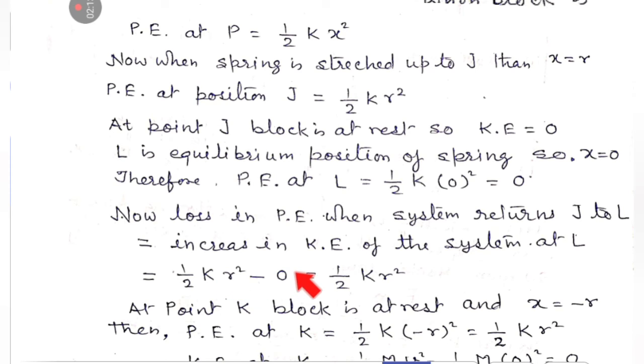The loss in potential energy is equal to the increase in kinetic energy. Thus half kr square is also equal to the kinetic energy at L.